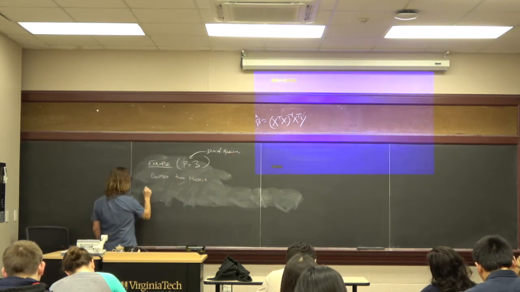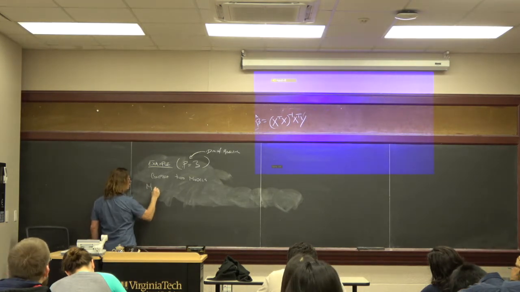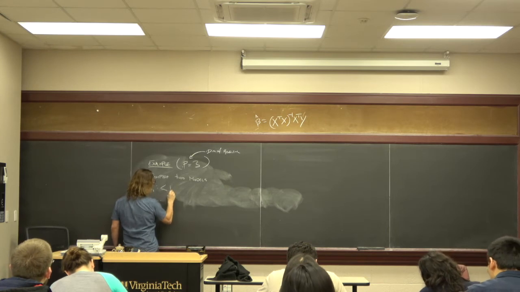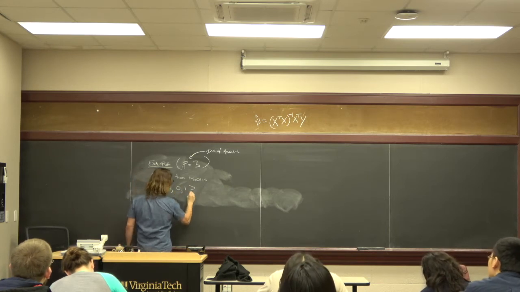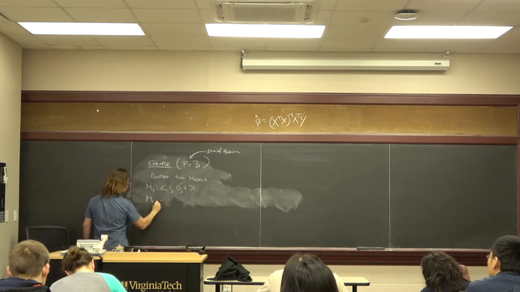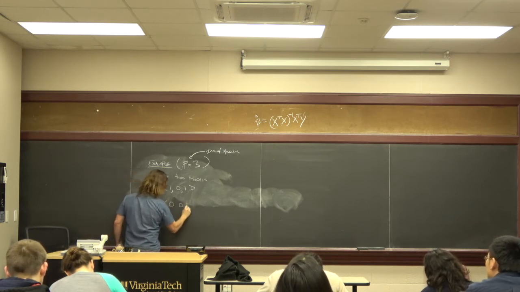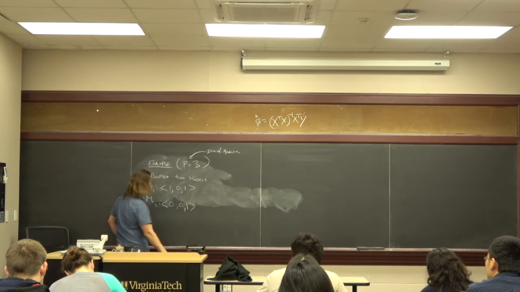Okay, so my models, model 1, I'm just going to write down as 1, 0, 1. Model 2, I'm going to denote as 0, 0, 1. Those are arbitrary.